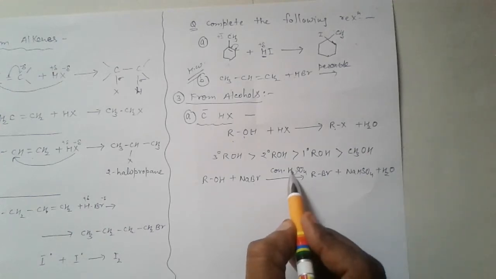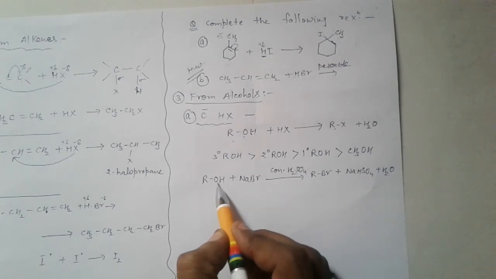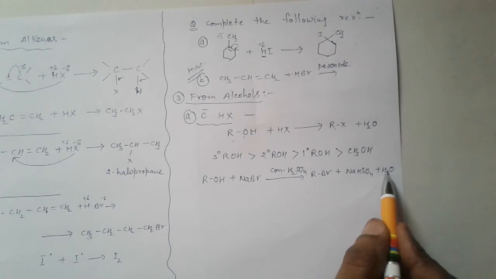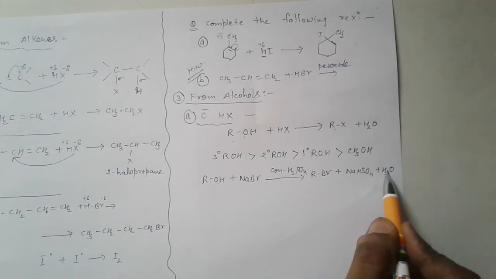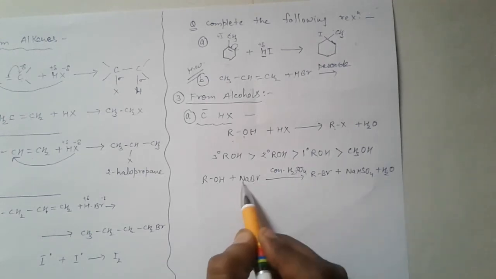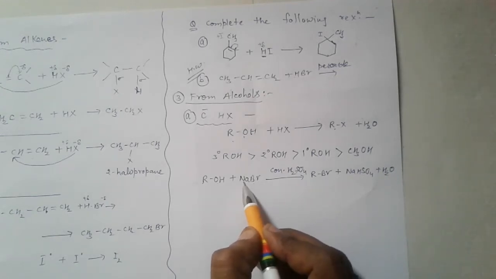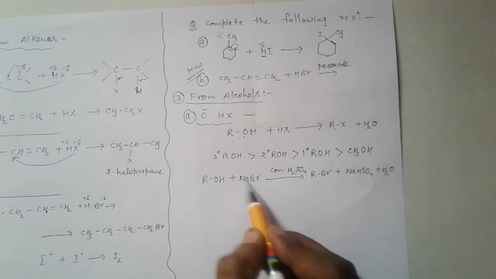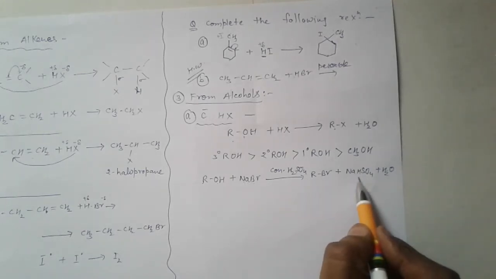Similarly, proton from H2SO4 is combined with OH group of alcohol, then water molecule is removed. Similarly, HSO4 minus ion from acid and sodium ion from NaBr combined to each other and sodium hydrogen sulfate is obtained as a byproduct in this reaction.